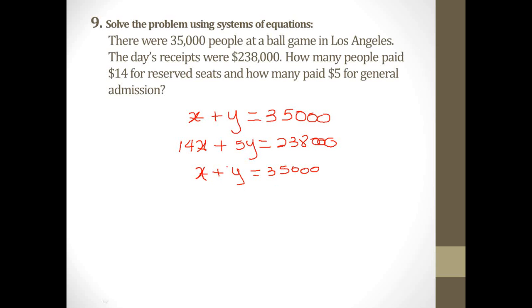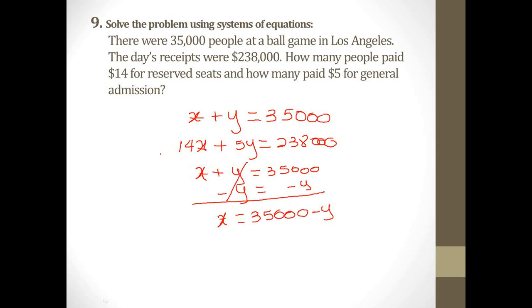The x is not by itself because of this positive y here, so to get rid of it, I'm going to subtract it on both sides. This would cancel. I bring down my x. These 2 are not like terms, so I cannot combine them. So then I'll have 35,000 minus y.